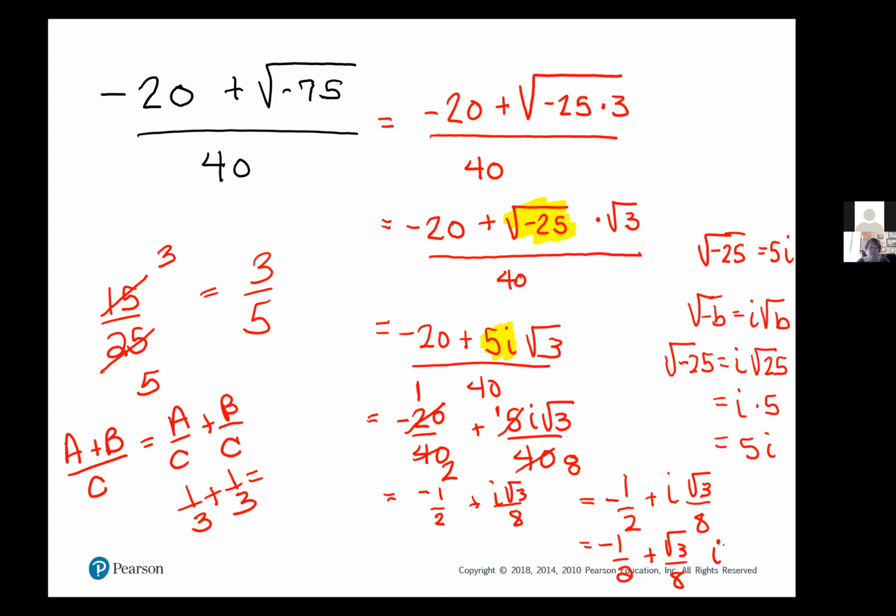Let's see if I can find one real quick. This is not a bad review for this section, actually, for our moving on to section 1.6 today.